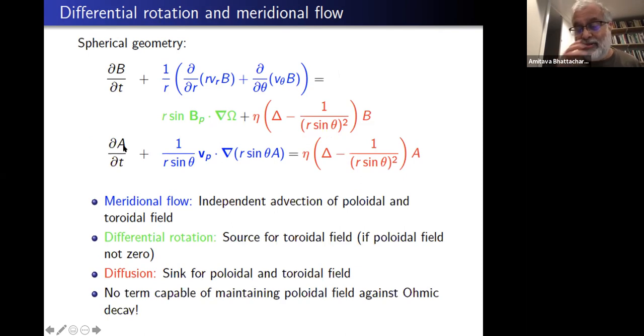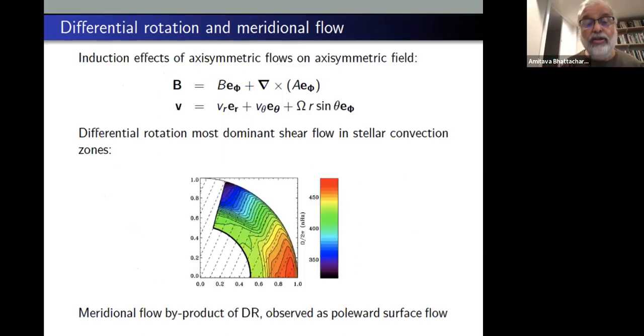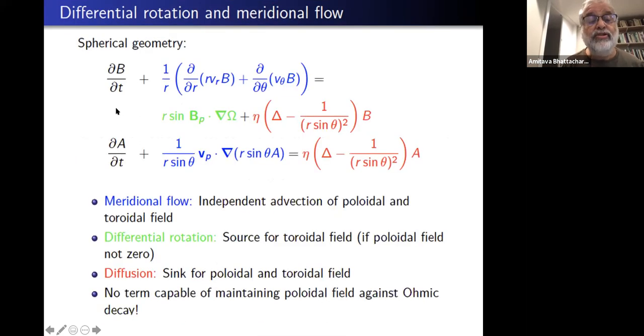And because of the symmetry direction, the big advantage is B has 3 components. But as I just showed you, if you know B and you know A, you know all the components of B. So that's the simplification you get when you write in terms of these flux functions. And then this is del cross V cross B with rotation put in.